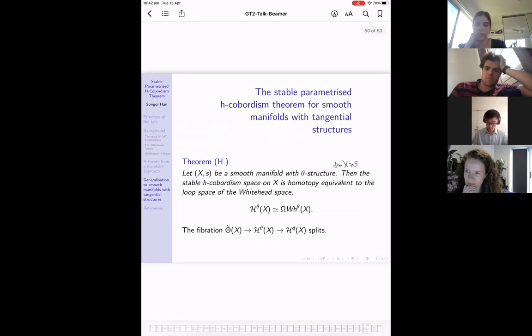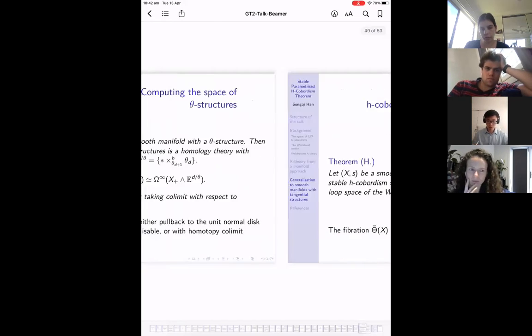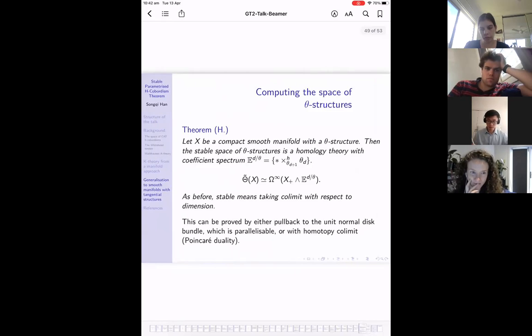Yes, thank you for pointing that out. In order to have this splitting of this fibration sequence, we need the fact that the space of tangential structures is a homology theory, which we cannot prove unless making some additional hypotheses.